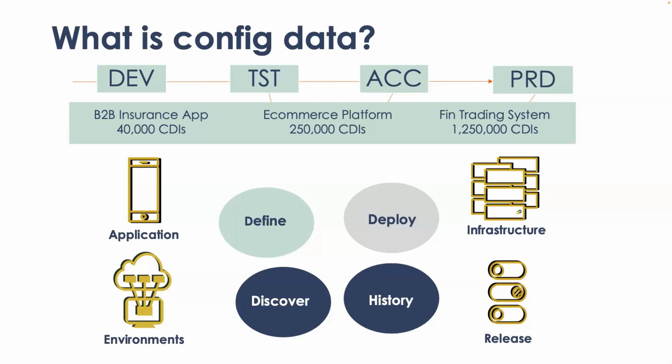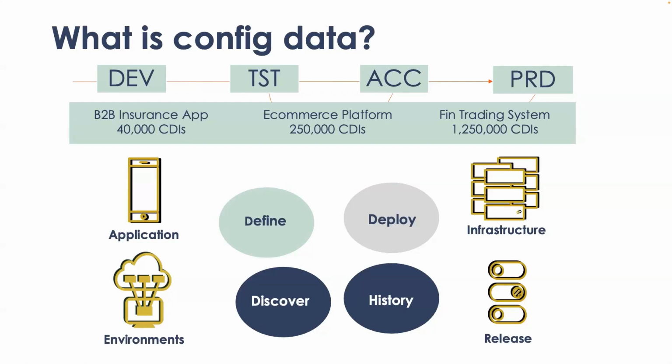So we have various states of config data, but for various reasons, the amount of config data is growing. Some apps might only have tens of thousands of what we call config data items. A config data item is essentially just a key value pair, one setting. It's the Java heap size is this value.